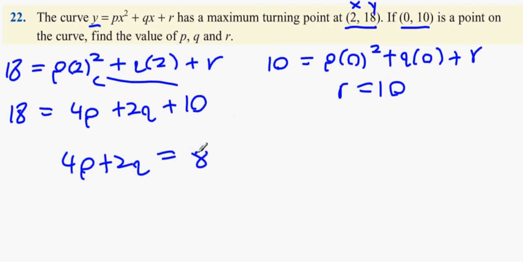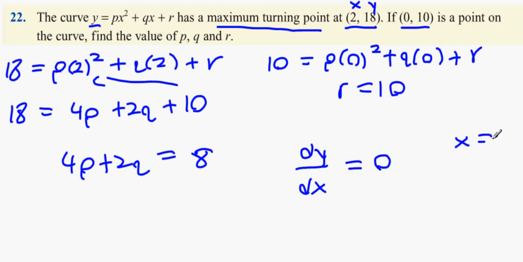Now finally, it says maximum turning point. Maximum turning point means that the first derivative equals 0 when x equals 2.